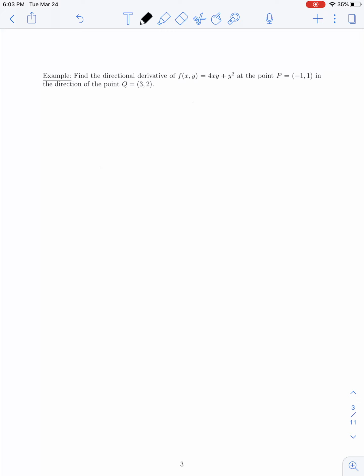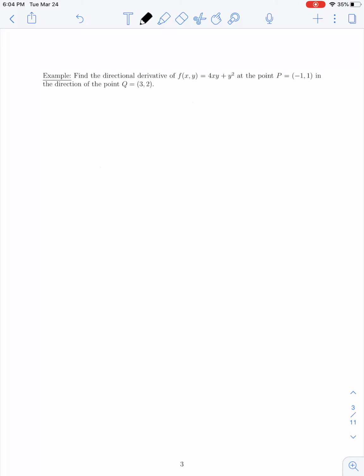So let's look at some other examples of directional derivatives. In this next problem, we've got something pretty similar to the last example. We want the directional derivative of f of x y at the point P, given by -1, 1, and moving in the direction of the point Q, which is 3, 2.